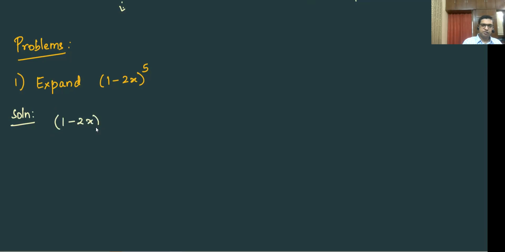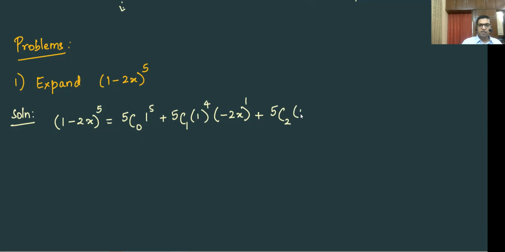(1 minus 2x) to the power 5 will be 5C0 into 1 to the power 5, plus 5C1 into 1 to the power 4 times (minus 2x) to the power 1. Next, 5C2, then 1 to the power 5 minus 2 is 3, and (minus 2x) to the power 2.